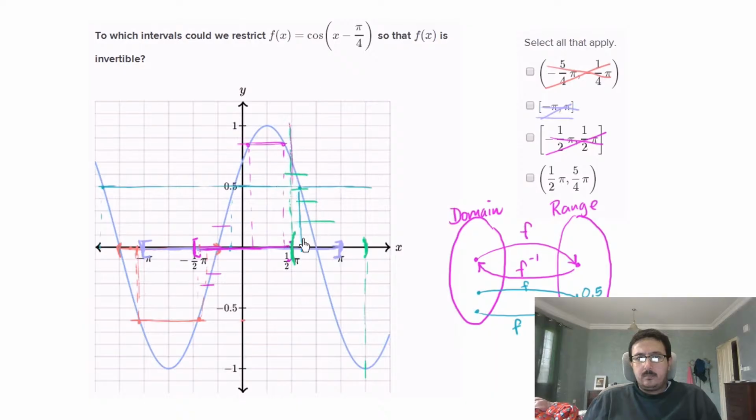Let me do it for the whole domain. I'm only intersecting the function once. So for every element of the range that we're mapping to, there's only one element in our domain that is mapping to it. It's passing our horizontal line test. So I would check this one right over there.